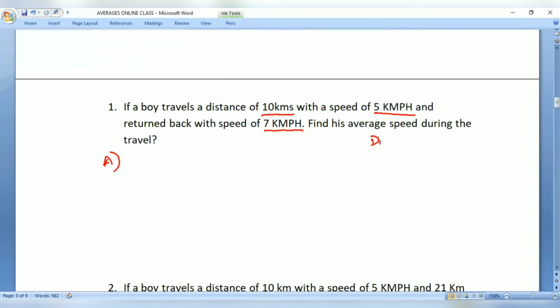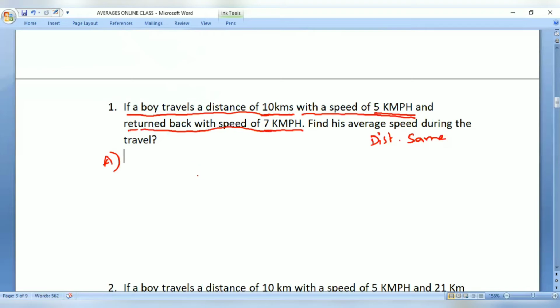In this particular problem, distance is same, right or wrong? If a separate distance for the return was traveled, it would be mentioned in the problem. But when not mentioned, consider the distance as same. So he traveled the same distance with a speed of 7 kilometers per hour.